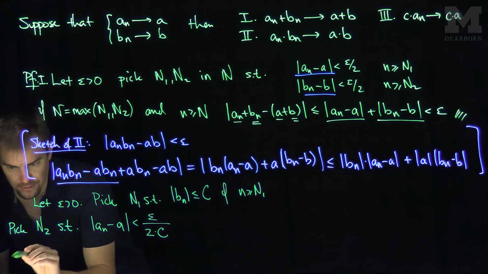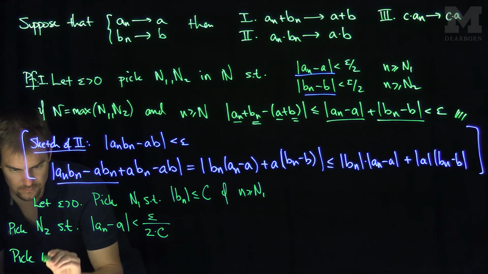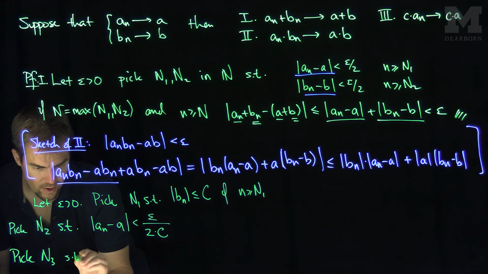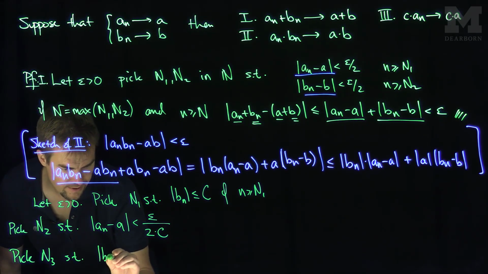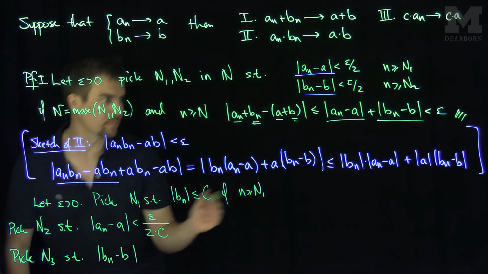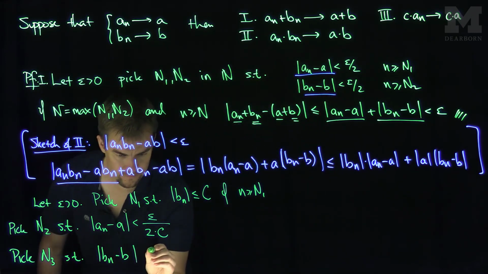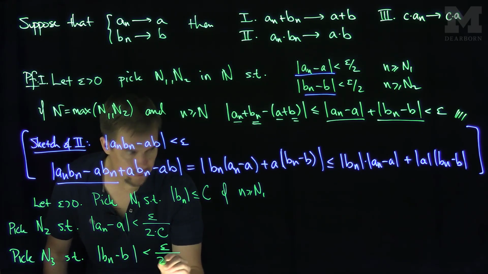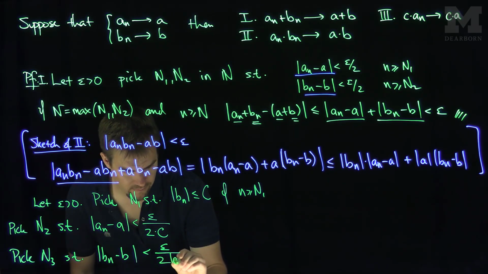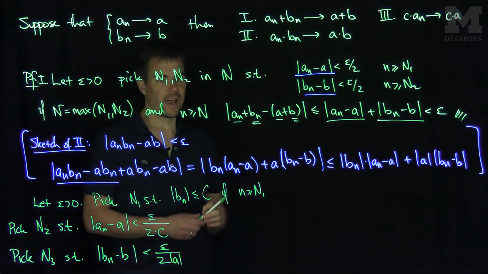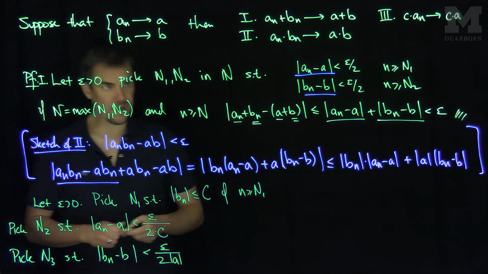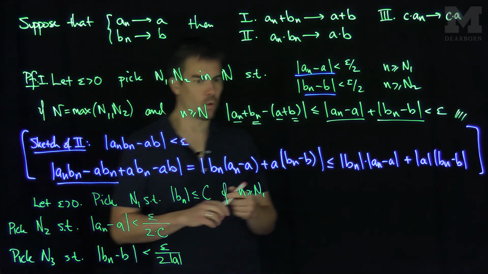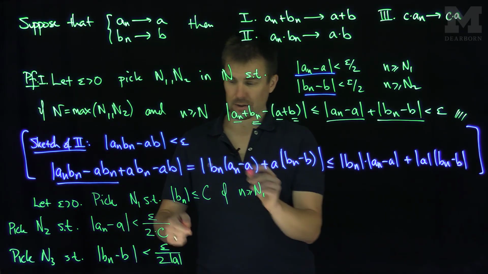And finally, let's pick n3 such that Bn minus b is less than epsilon over 2 times the absolute value of a. And now, those are the components of our proof. So now we can put all this together. I can write down the same exact expression.